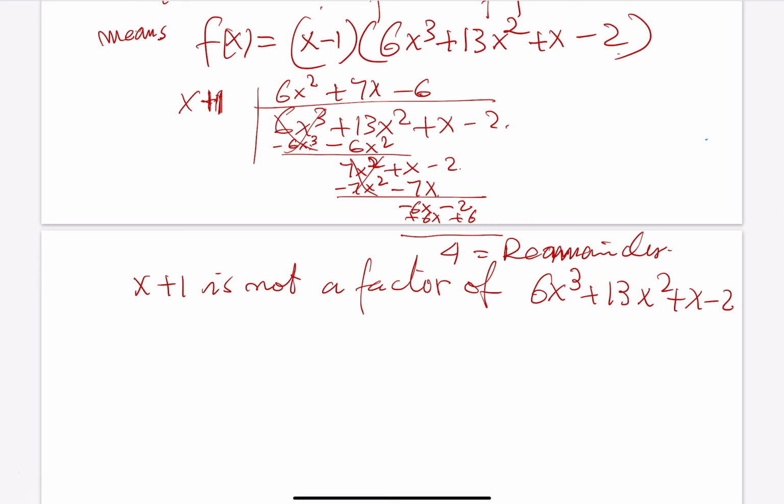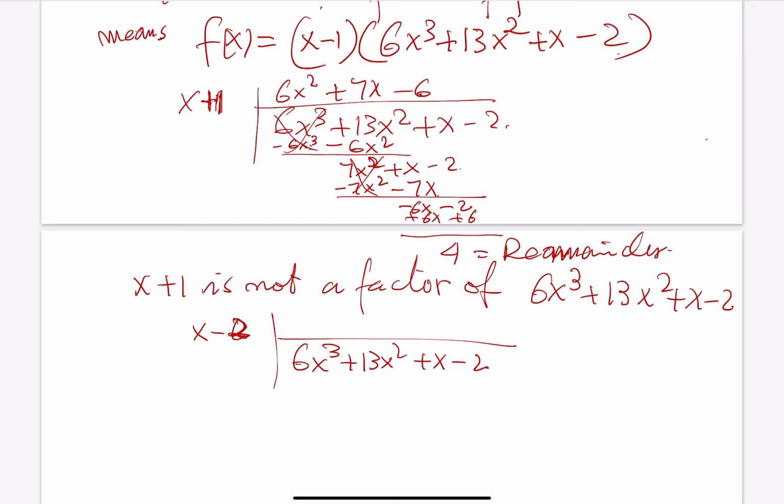Let's try now. What about 2? Okay, let's try 2. If you have x minus 2, let's divide 6x to the third plus 13x squared plus x minus 2 by x minus 2.